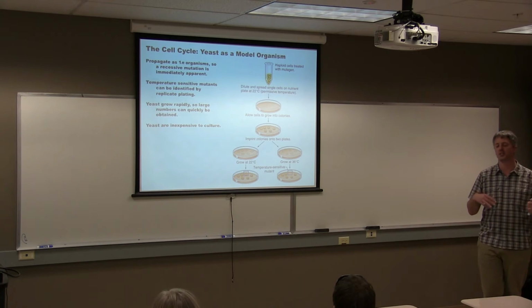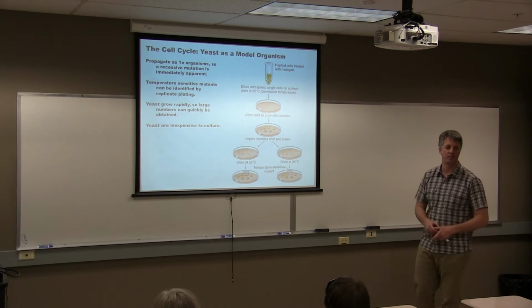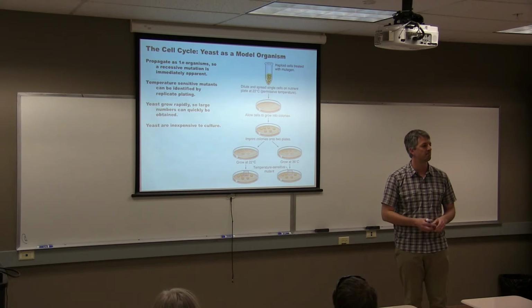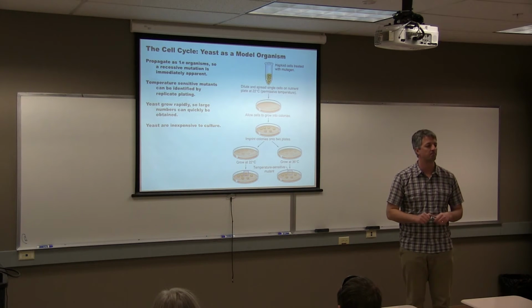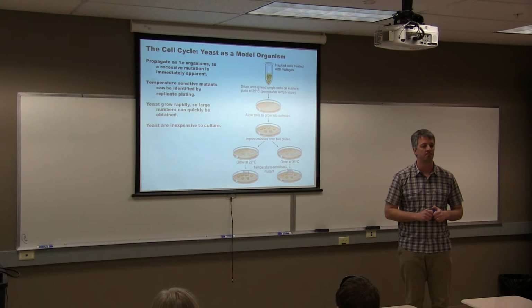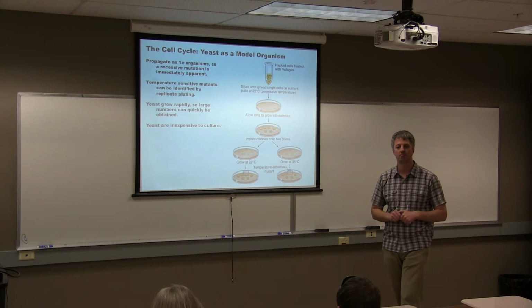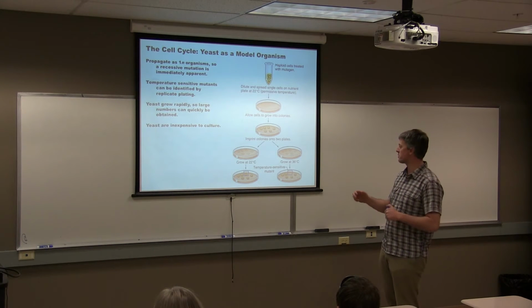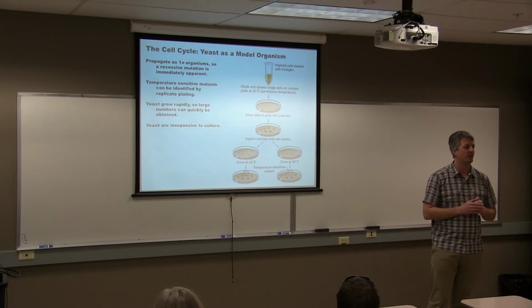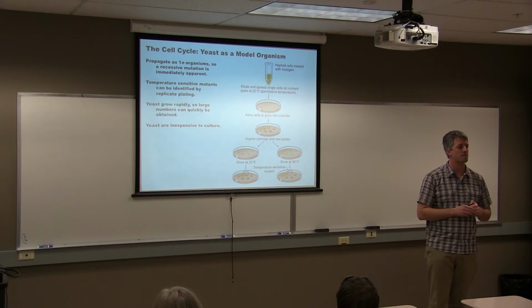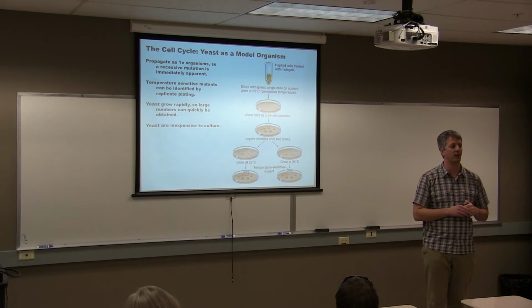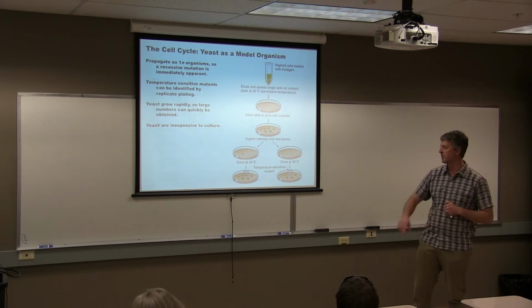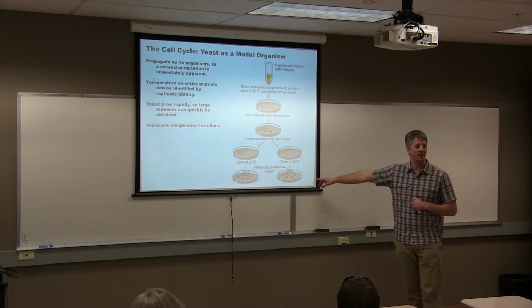So what's the classic genetic term for this type of approach? So everything's growing except what you don't want. So this would be a screen, right? You're screening for mutations that don't grow, right?